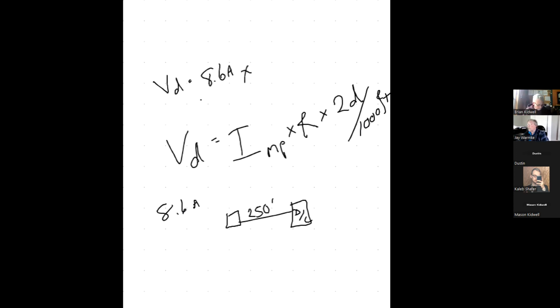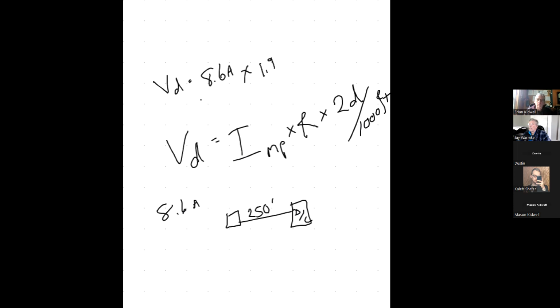We would get the resistance off of the table on page 84. So if I'm using, for the heck of it, 12 gauge wire, stranded, looking at that table, 12 gauge wire stranded is 1.98 ohms.